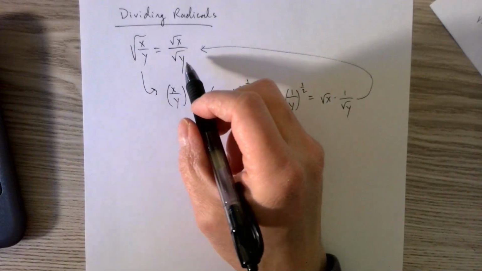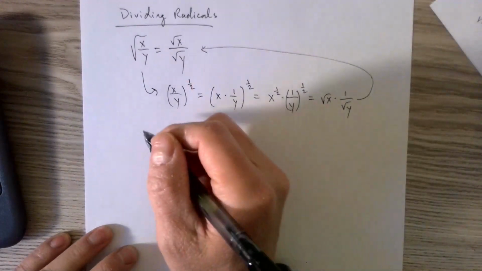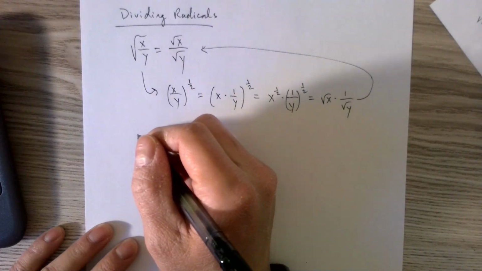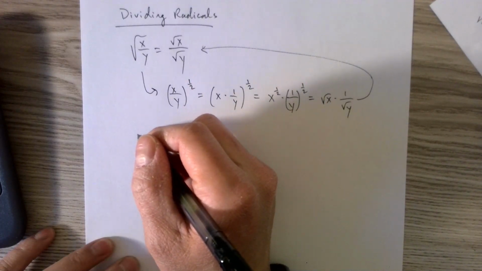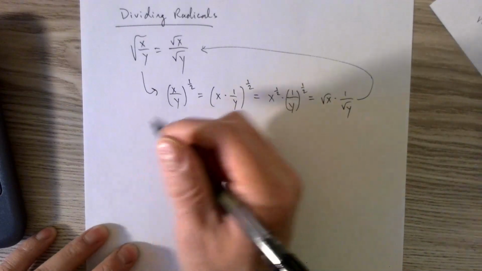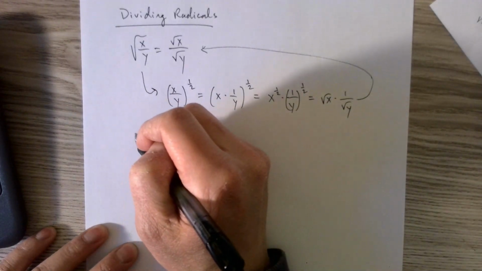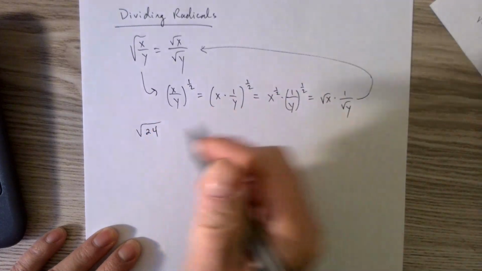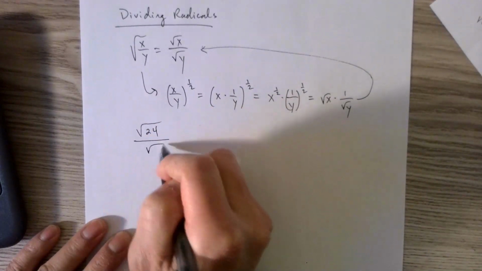And so the significance of this is, I think, a good illustration of it would be in rad 24 over rad 6.